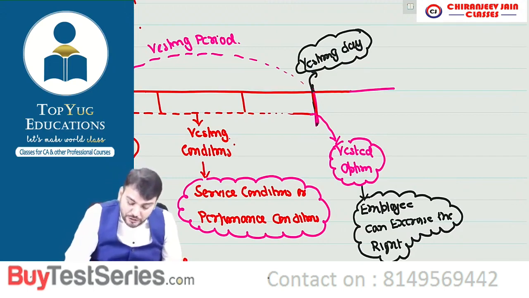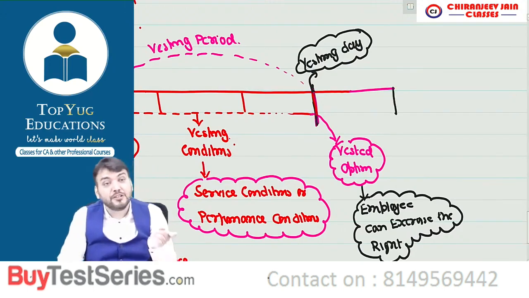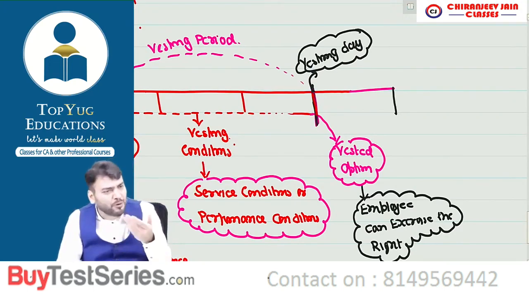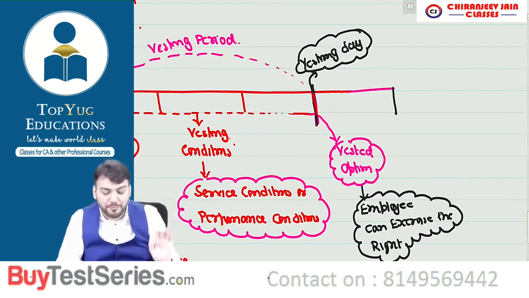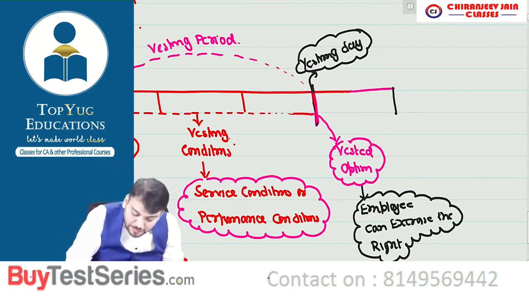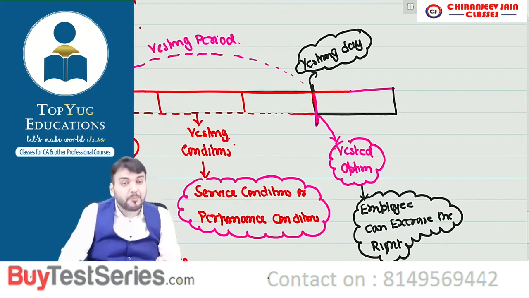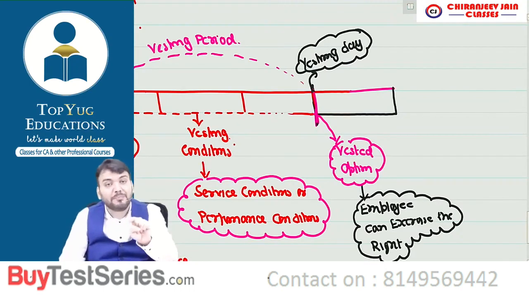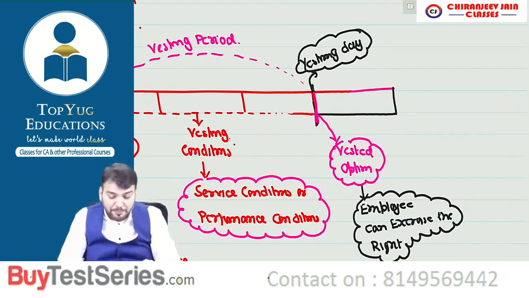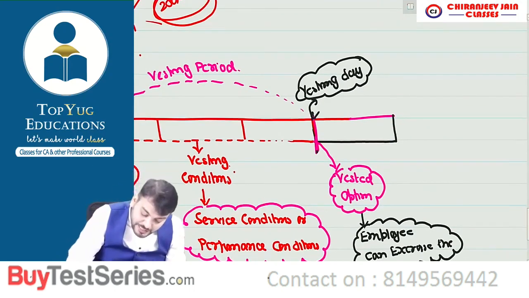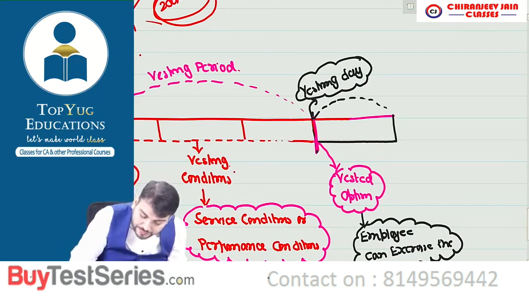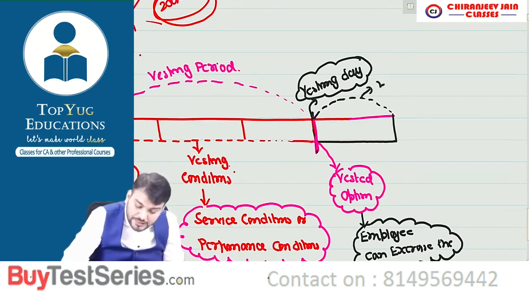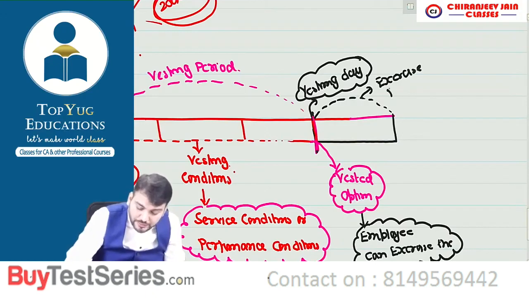Let us assume 1 year has been given to exercise the right. It can be more than 1 year or less than 1 year, depending upon the plan. During this period, the employee can exercise their right by payment of exercise price. This period is known as exercise period. Are you getting what I'm saying? Correct.